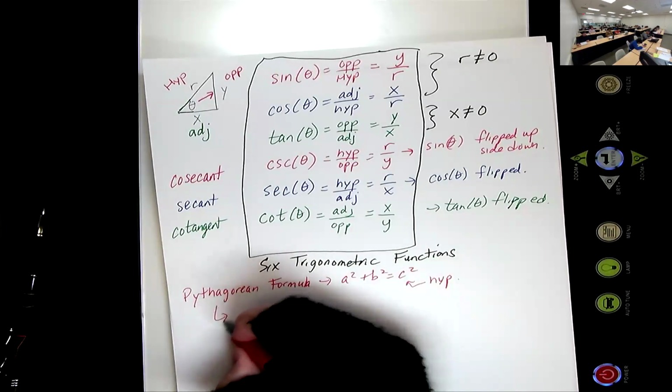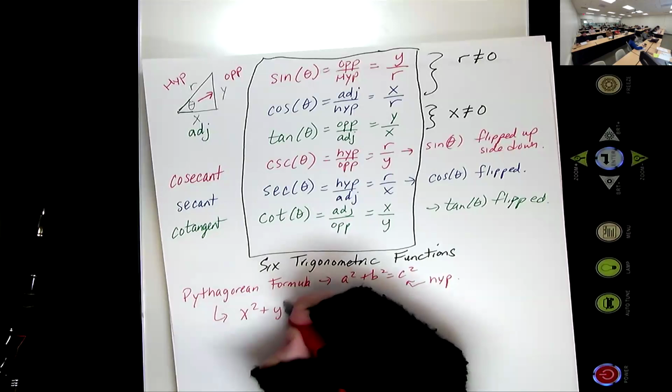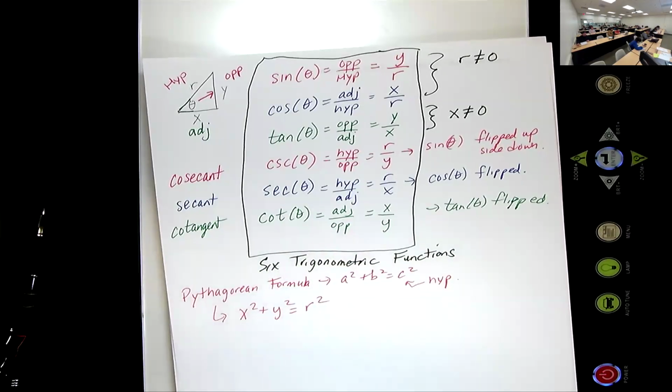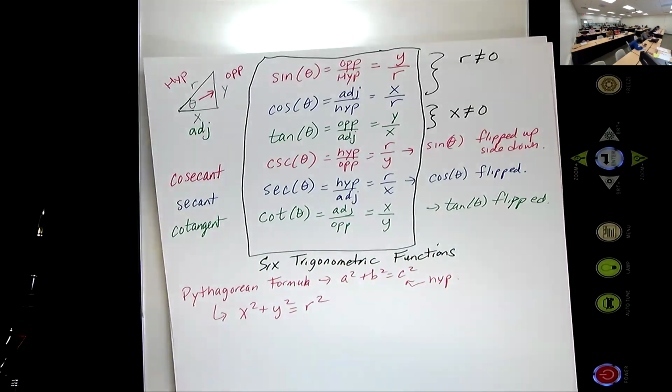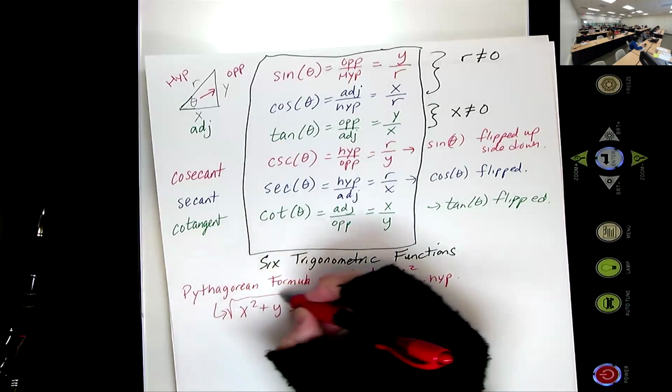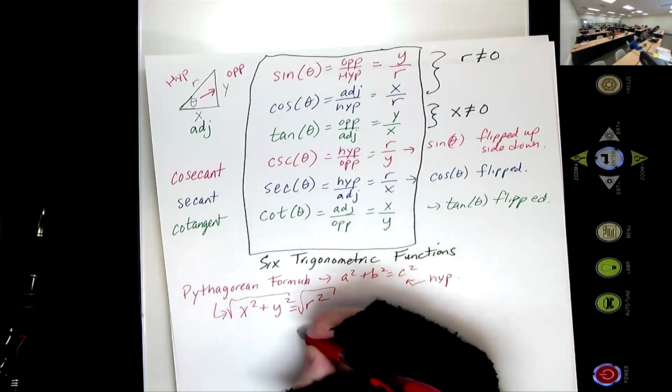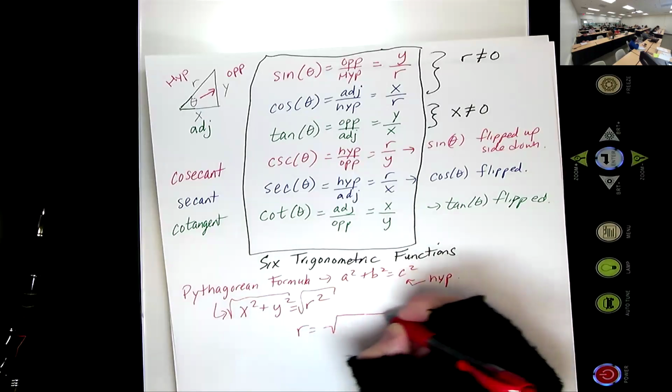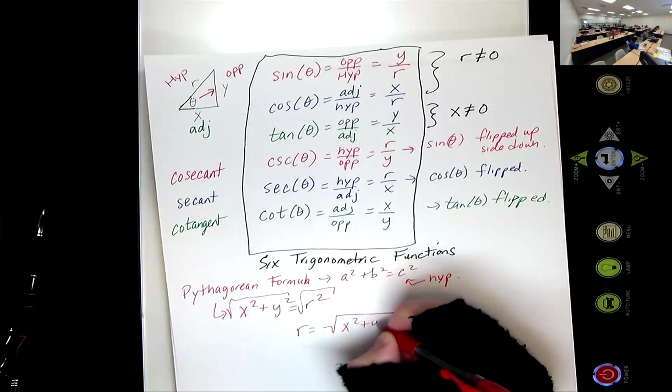So how this applies to the triangle is x squared plus y squared equals r squared, which, when you take algebra, is the equation of a circle. Any values generate the circle like we showed on the previous page. Which means if I take the square root of both sides, r is the square root of x squared plus y squared.